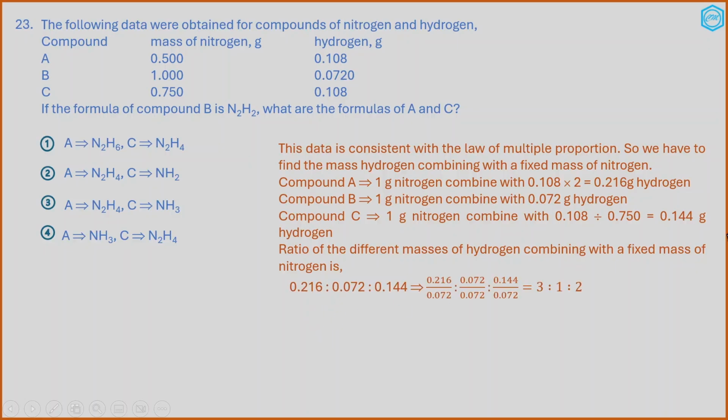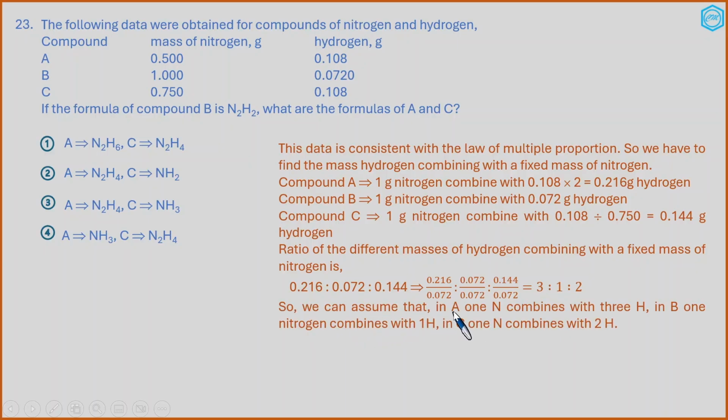The ratio of different masses of hydrogen combining with a fixed mass, that is 1 gram of nitrogen, is 0.216, 0.072, 0.144. Making a simple ratio by dividing by the smallest number, the ratio is 3:1:2. So we can assume that in A, 1 nitrogen combines with 3 hydrogen, in B, 1 nitrogen combines with 1 hydrogen, and in C, 1 nitrogen combines with 2 hydrogen.